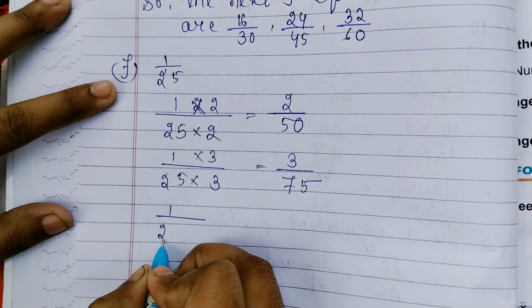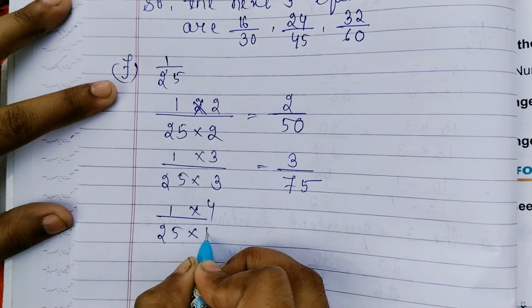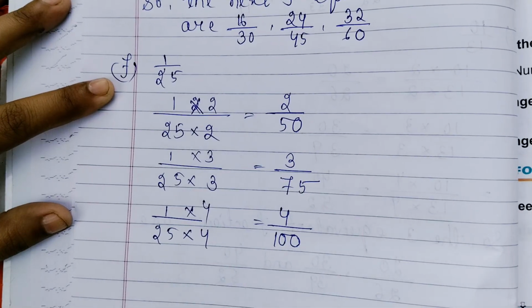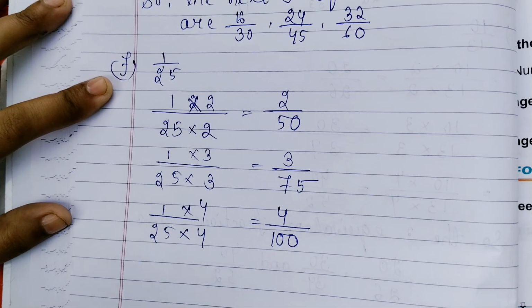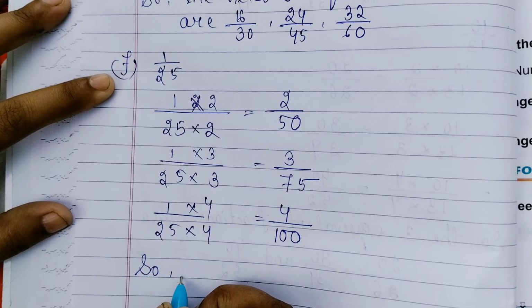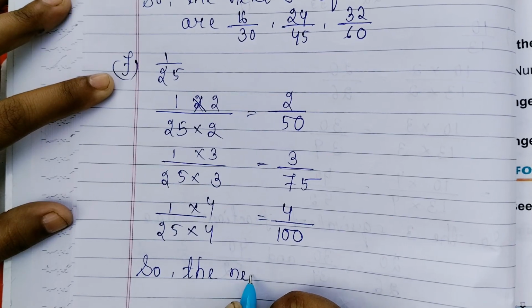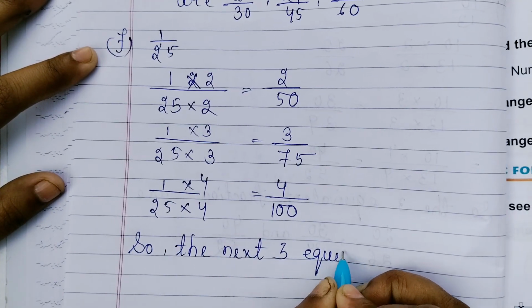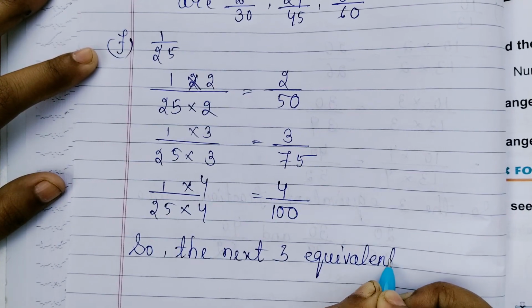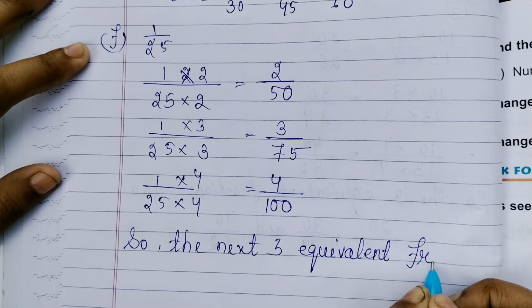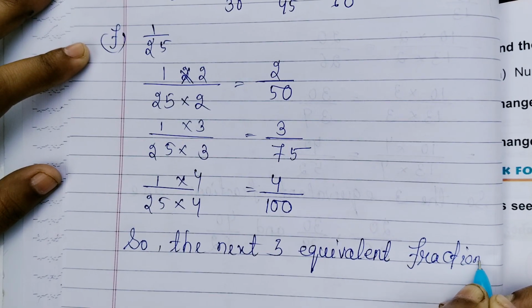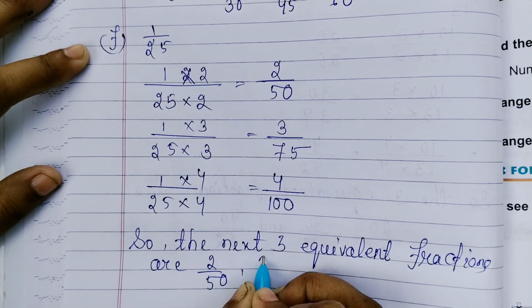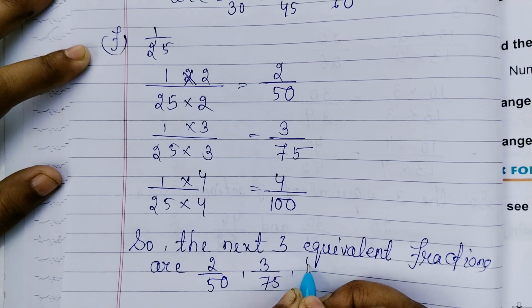Then we multiplied 1 by 25 into 4. 1 times 4 is 4, 25 times 4 is 100. So the next three equivalent fractions are 2 by 50, 3 by 75 and 4 by 100.